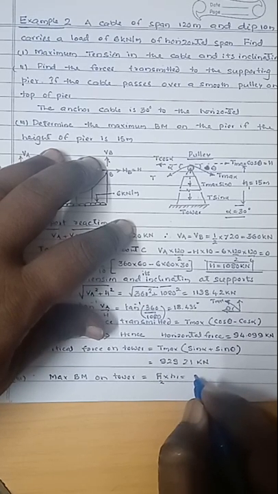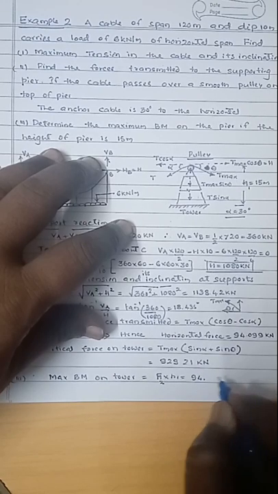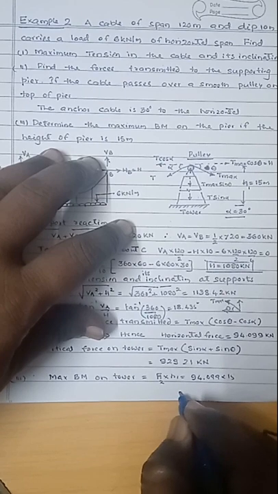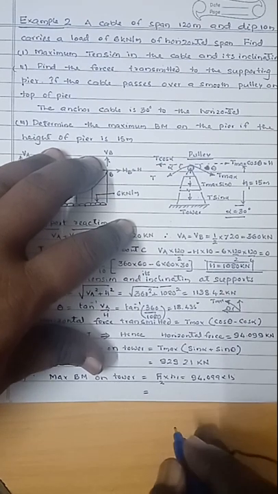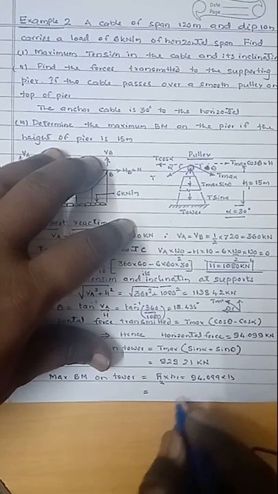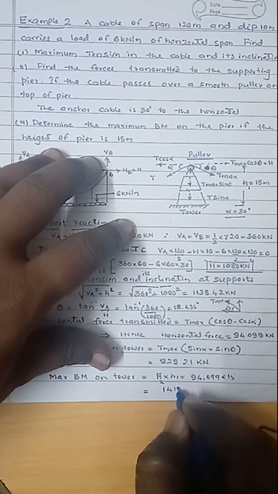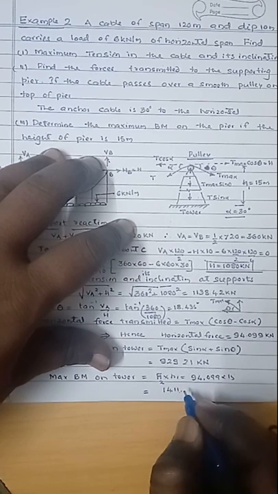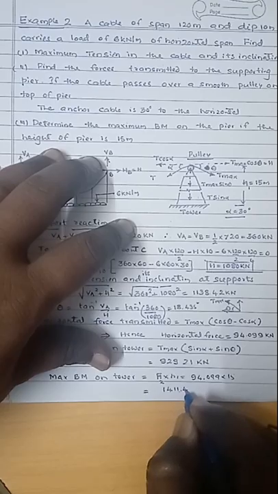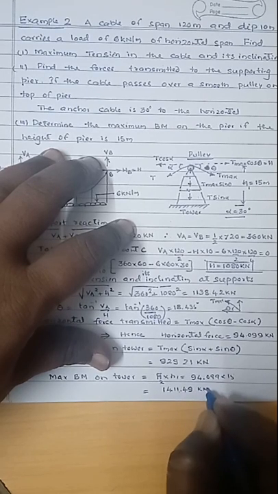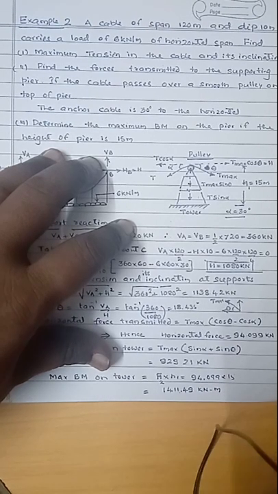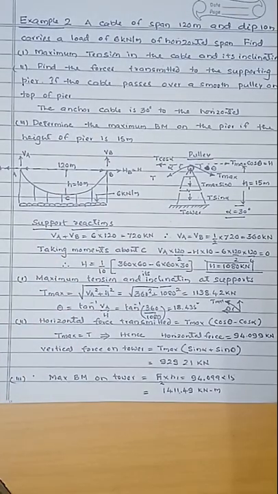Fx equals 94.099 into 15, which equals 1411.49 kilonewton meter. This is the maximum bending moment. This is the solution for this problem. Okay, we'll continue in the next video.